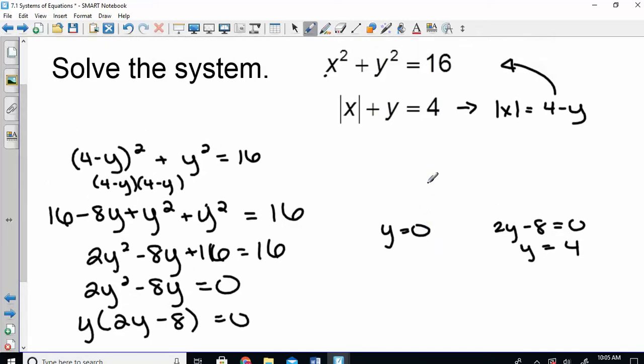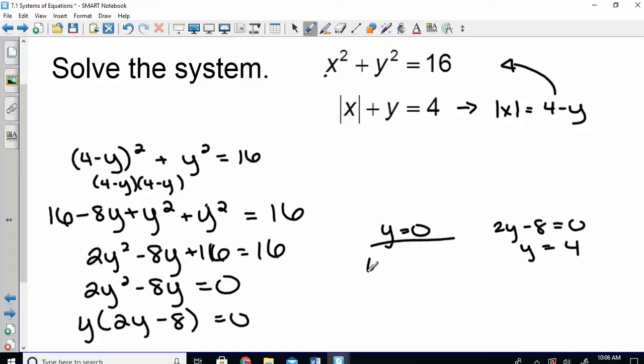So then we just have to plug those in. Does it matter where we plug them in? No. So, I don't know, are you comfortable dealing with the absolute value, or would you feel better putting it in the quadratic so you don't have to think about the absolute value part? Does it matter? Okay.